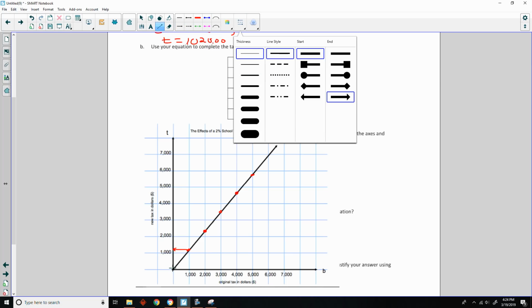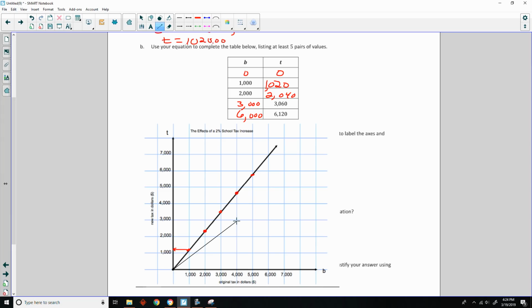See if this works. Okay, 6,000. 6,000 is right here. 6,500 would be here. So we're down at 120, which is more like here. So that's where our graph should be.